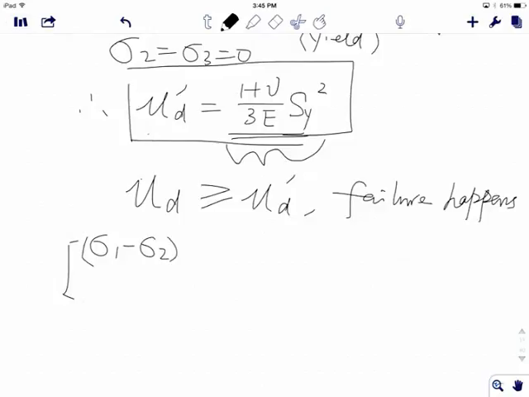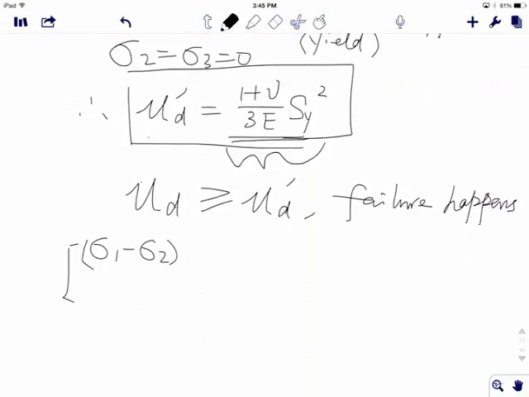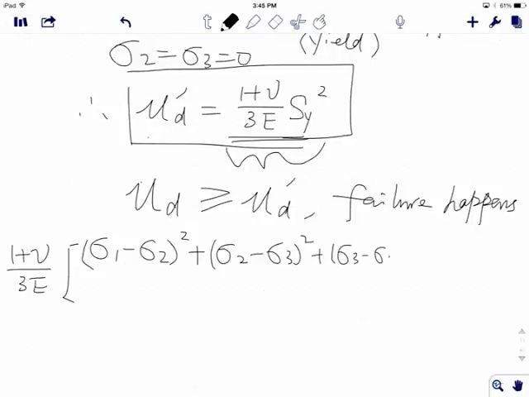let's see, what's UD? UD equals (1+v)/(3E) times the stress terms.